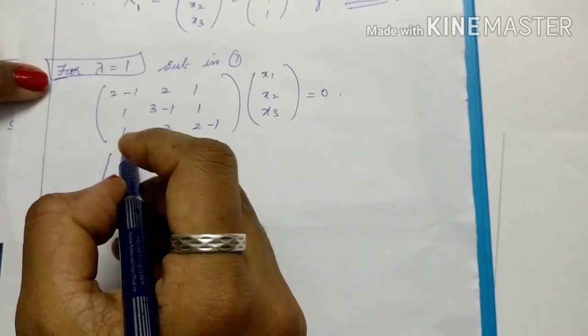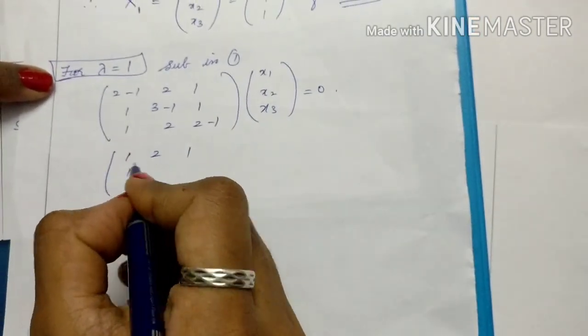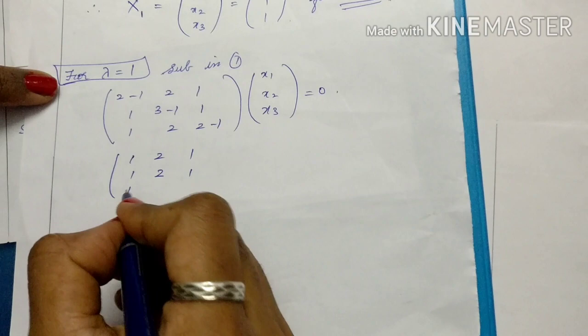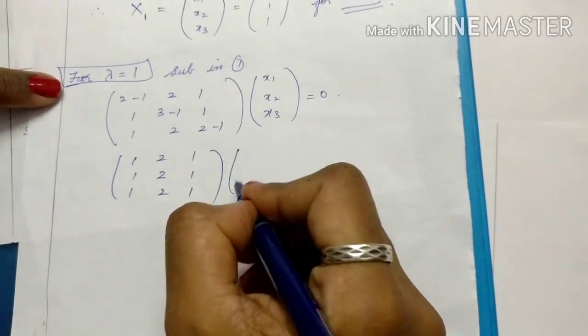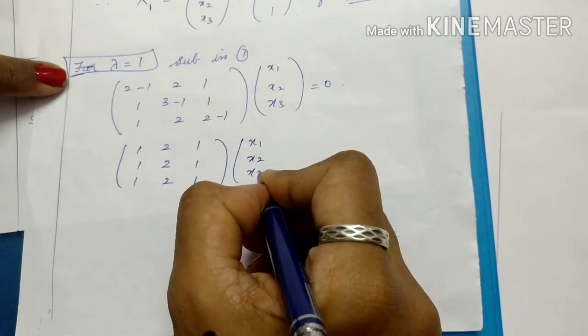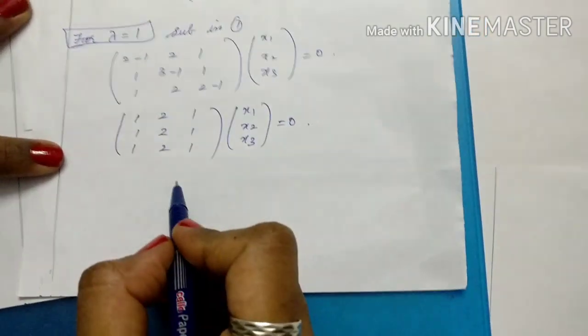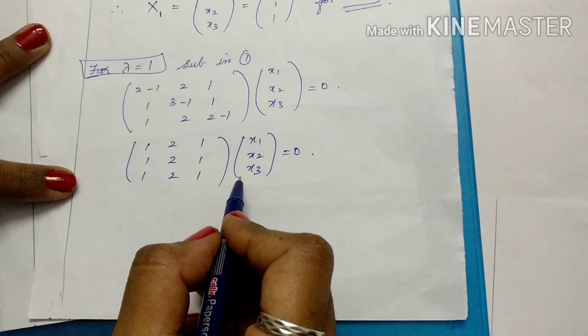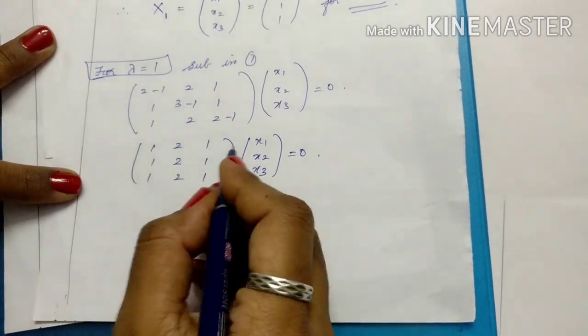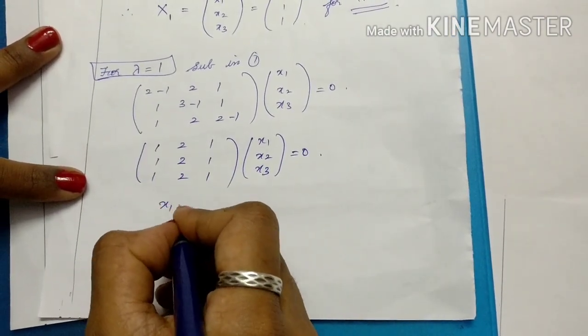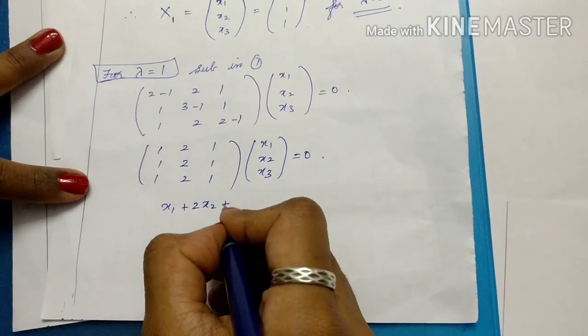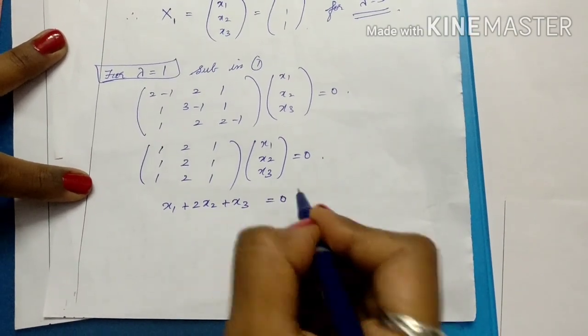So simplify it, it's going to be [1, 2, 1; 1, 2, 1; 1, 2, 1] of x1, x2, x3 is equal to 0. Looking at the matrix itself, we can find that all the three equations are going to be the same. So I simply write one equation here: x1 plus 2x2 plus x3 is equal to 0.